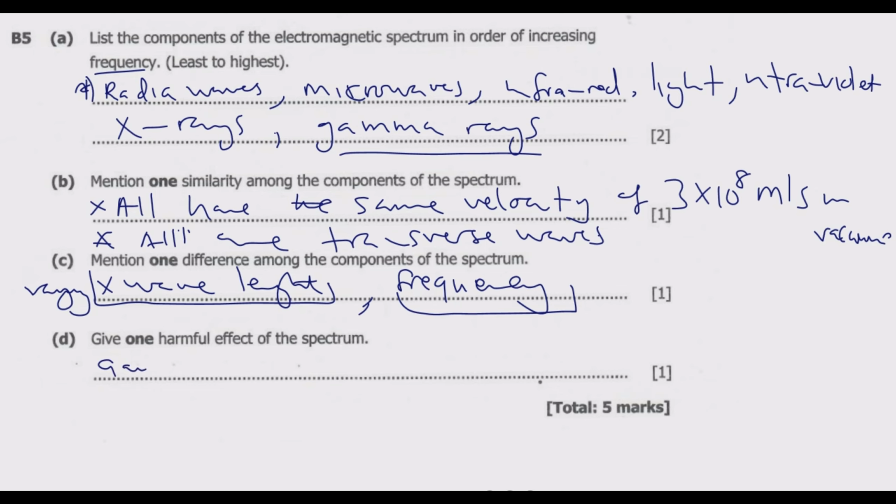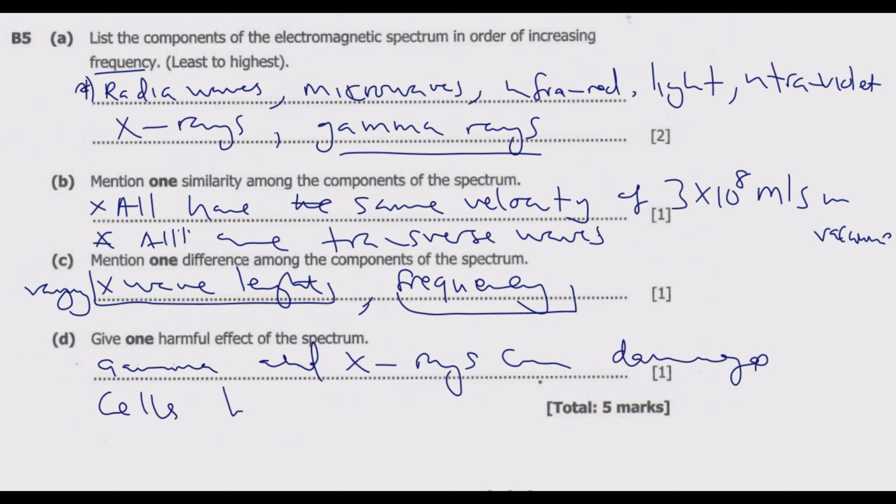So gamma and X-rays can damage cells, leading to cancer after exposure. Once you're exposed to too much of these, it can lead to cancer. They can damage cells and lead to cancer.